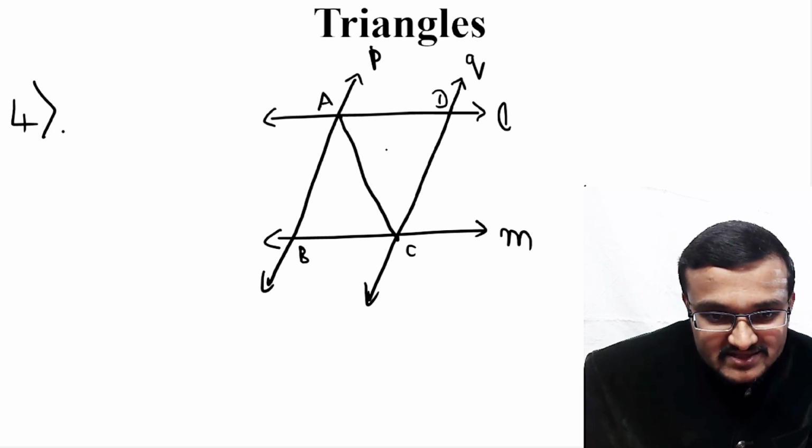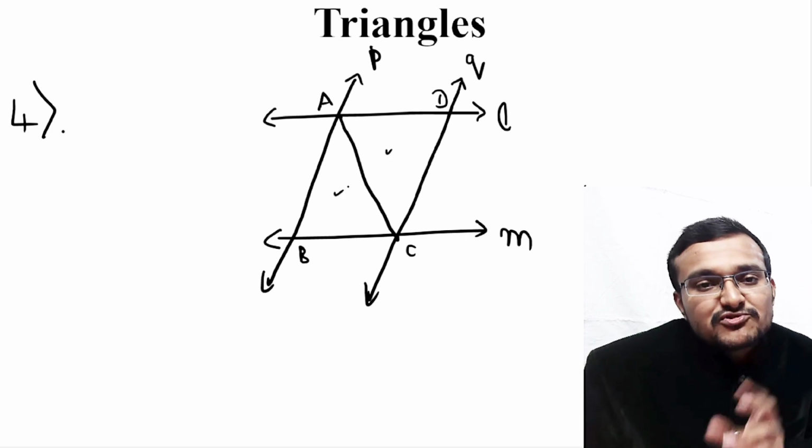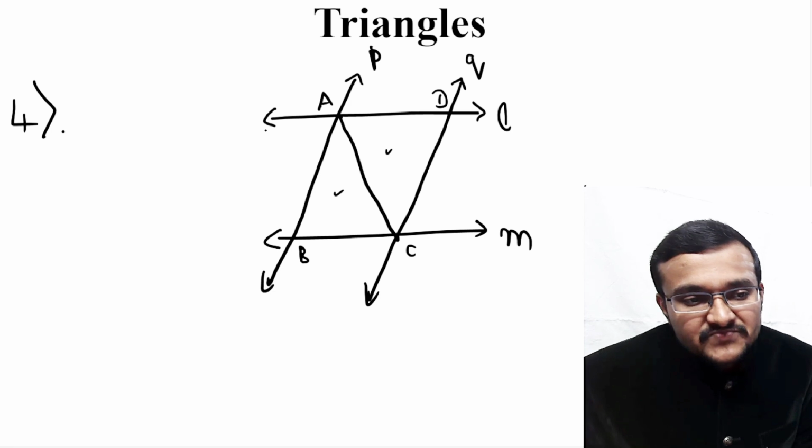So you are getting this triangle and this triangle. I have to prove these two triangles are congruent with each other.